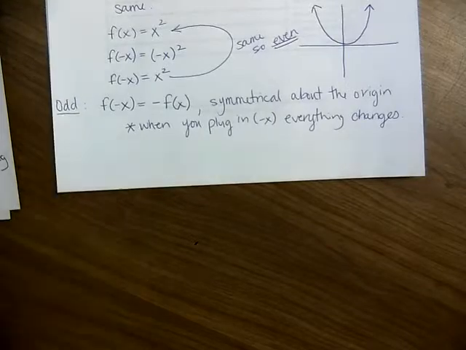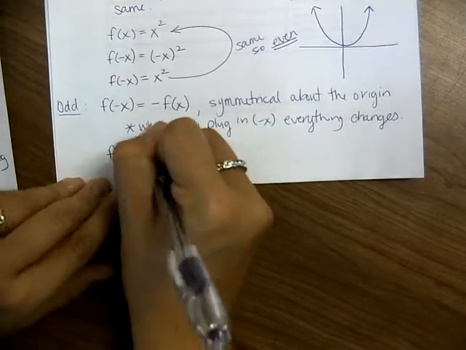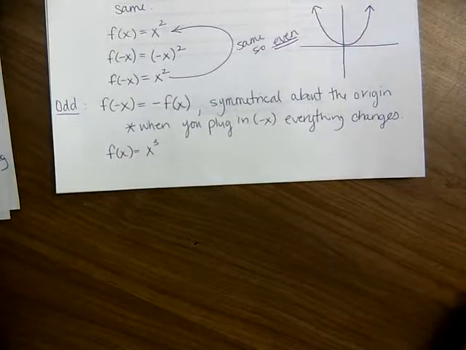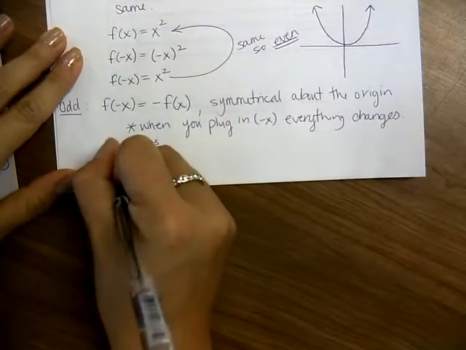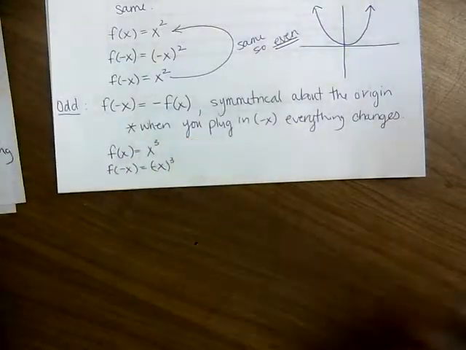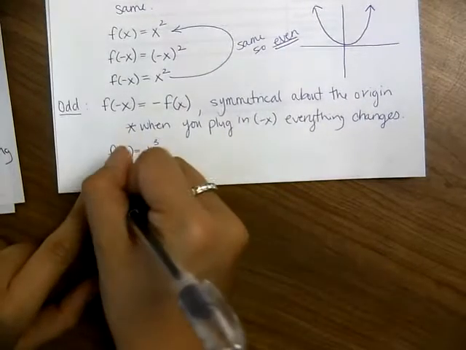Okay, so let's take a look at what an odd function would do. Let's say we started out with f of x equals x cubed. If we were to plug in a negative x here, and then cube it, a negative x cubed is like negative x times negative x, which is positive, times a negative x, which is back to a negative.